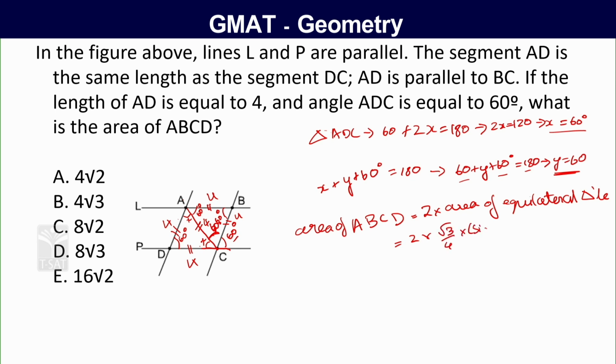Side here is 4 units for both the equilateral triangles. Side is 4, 4 squared is 16. So 2 into √3/4 into 16, you have 8√3. The answer is 8√3, that is option D.